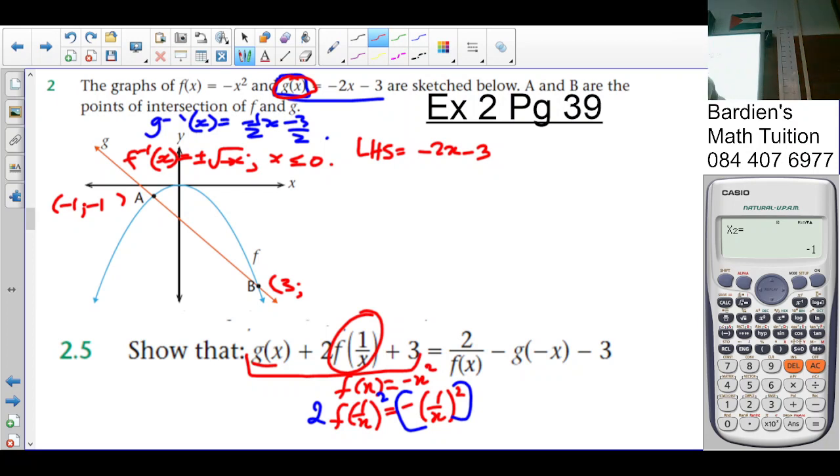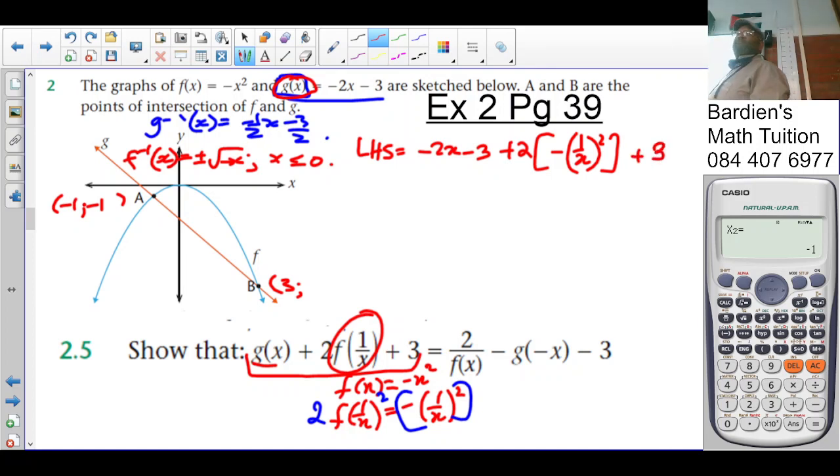Okay? So I'm going to put the 2 in: 2 times f of 1 over x is 2 times negative 1 over x all squared. Then plus 3. So what we do here is we simplify. Of course this cancels.